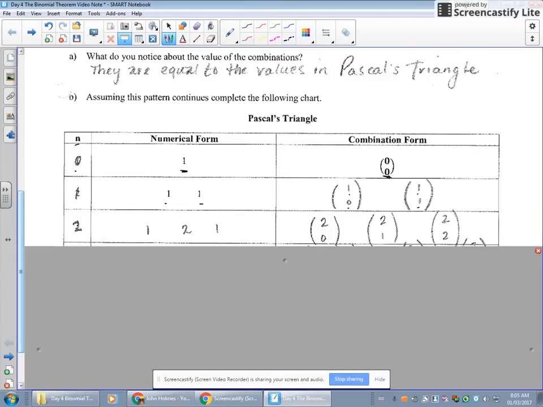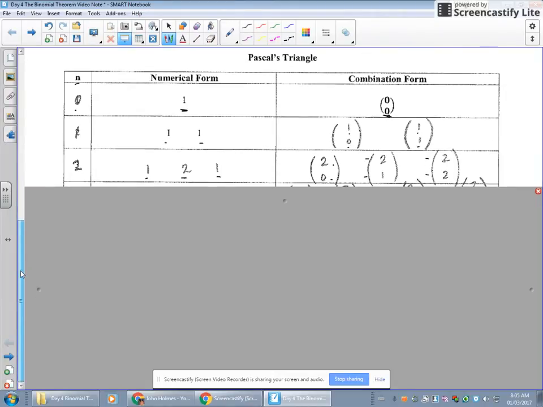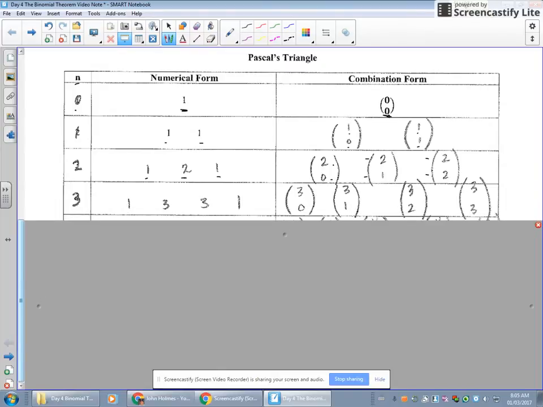Continuing down to the second row, the numbers from Pascal's triangle generate a 1, a 2, and a 1. Or in combination terms, that's 2 choose 0, 2 choose 1, 2 choose 2. Going to row 3, the numbers in Pascal's triangle are 1, 3, 3, and 1, or 3 choose 0, 3 choose 1, 3 choose 2, 3 choose 3.